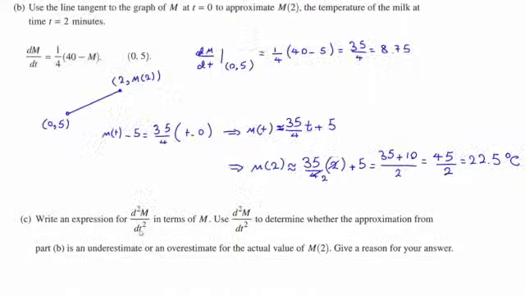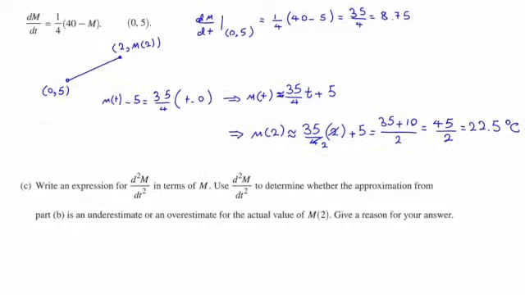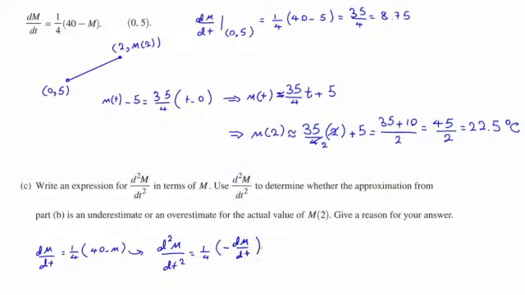Okay, if you want to calculate, we know dm dt equals 1/4 of 40 minus m. Now if we again take the derivative with respect to t, it will be 1/4 of negative dm dt.